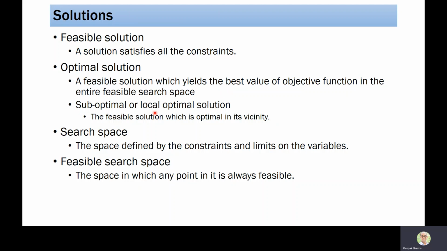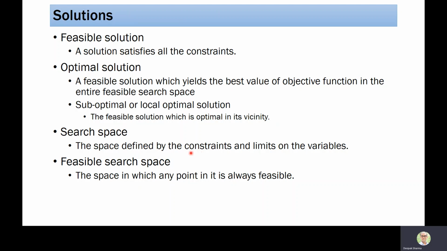What is a suboptimal or local optimum solution? Suppose you take some set of x, y, and in its neighborhood it is the optimum solution, meaning there is no solution better than x, y in the close vicinity. Such solutions are called suboptimal or local optimal solutions. Now come to the search space, because we have used the term feasible search space. Let us understand what we mean by search space.